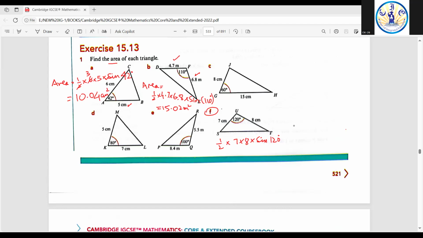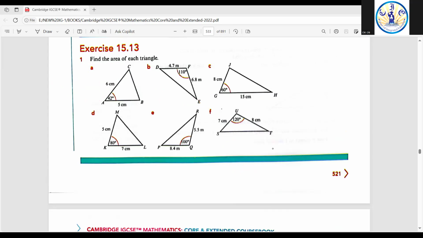So this will be 0.5 times 7 times 8 times sine of 120 degrees, which is 14 radical 3 or 24.2925 centimeter squares. So this is straightforward to calculate area of the triangle when the two adjacent sides and their included angle is given.